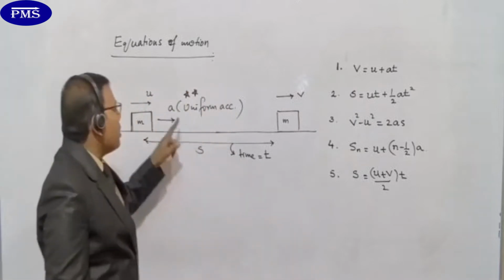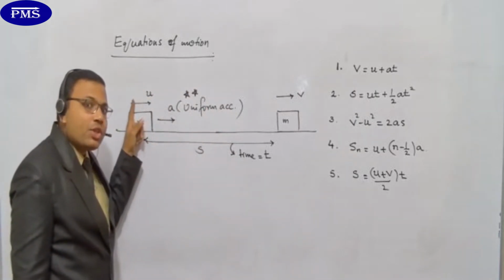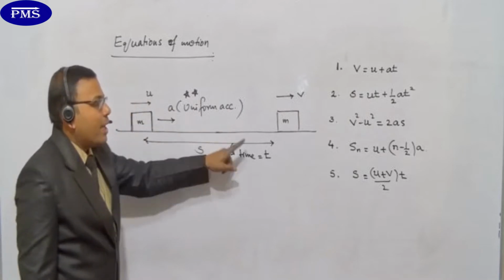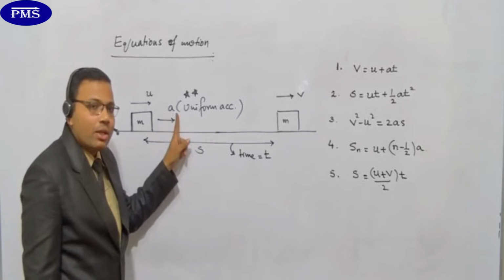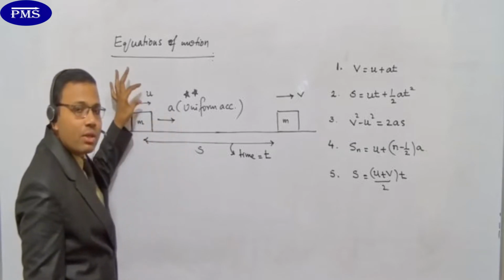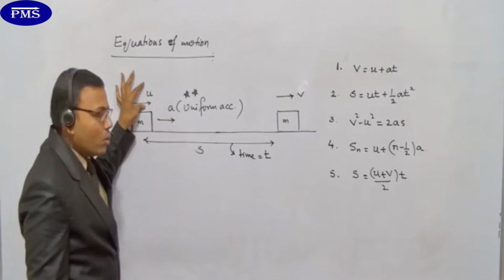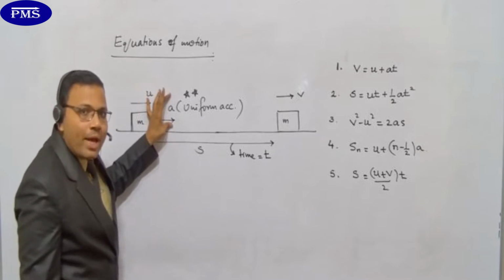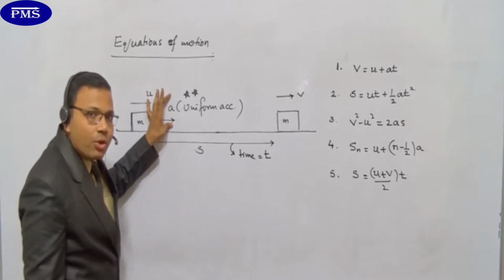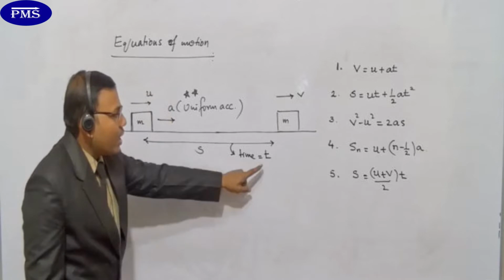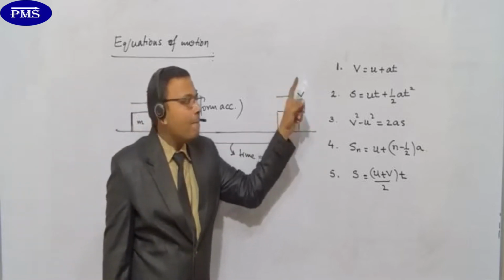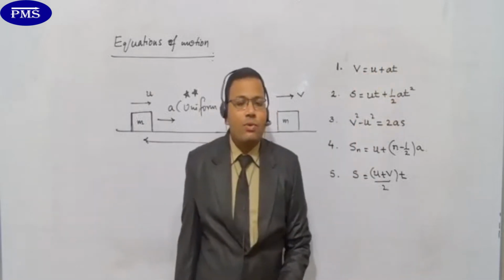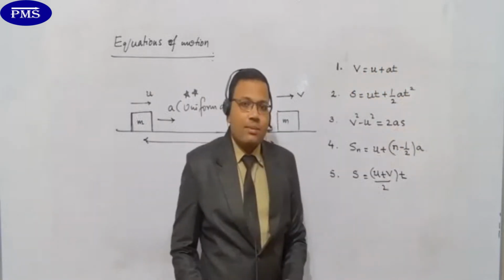The body is starting its motion with initial velocity u, moving with uniform acceleration a, I'm stressing the word uniform acceleration, in time t. Then how much is this velocity after time t? कितनी velocity होगी? You have to go for this equation, v is equals to u plus at.